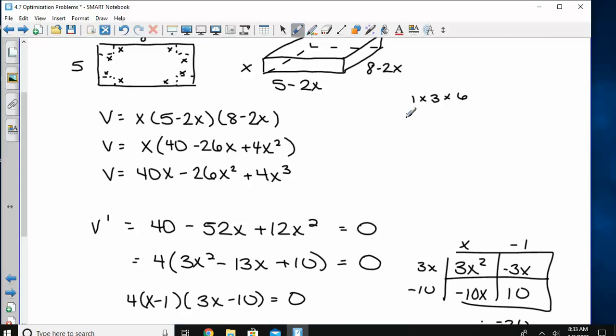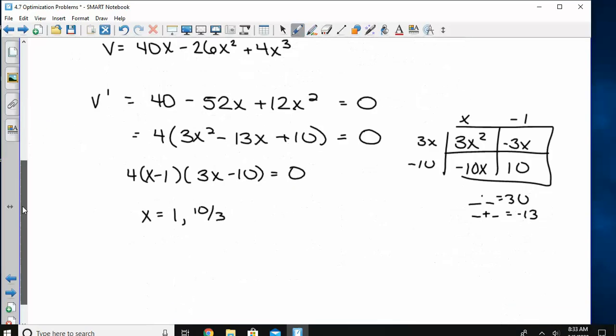If it's 10 thirds by, what's 5 minus 2 times 10 thirds? It's a negative. Can I have a negative there? No. So that's what I meant when the domain is kind of optional, as long as at the end you're checking to see which one is reasonable, that's okay. So we have our answer.